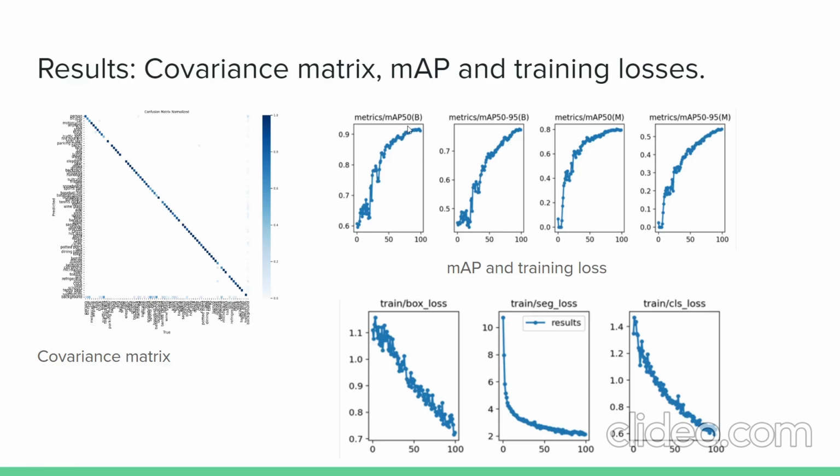For the mean average precision, there are two types, B and M. B is for the bounding box, M is for the masked dataset. The confusion matrix contains about 80 classes that it needs to predict, so it is a very big matrix.